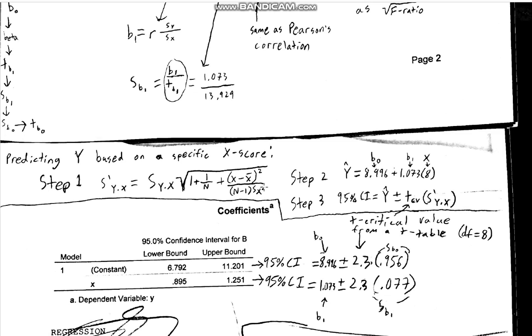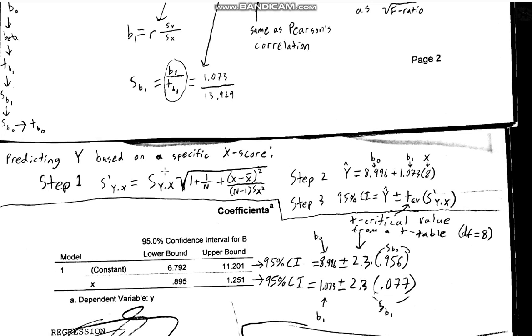You can just take the variance that you calculate down here and multiply it by the n minus 1, which here is 9, in order to get the sum of squares. So the sum of squares of x is 9 times the variance of x. And if you haven't already gotten the variance of x, it's just the standard deviation that he gives us on the first page squared.